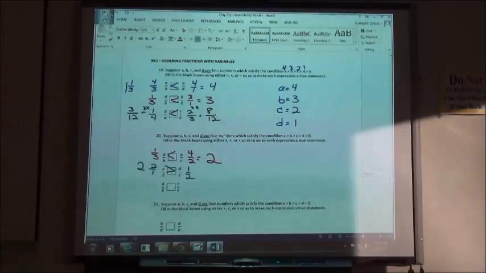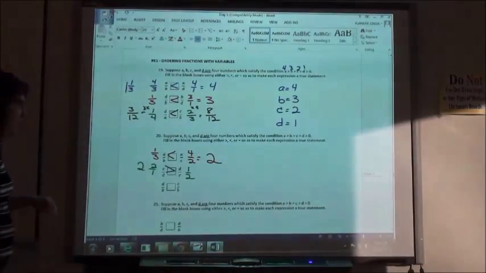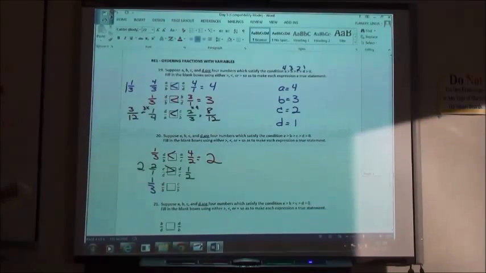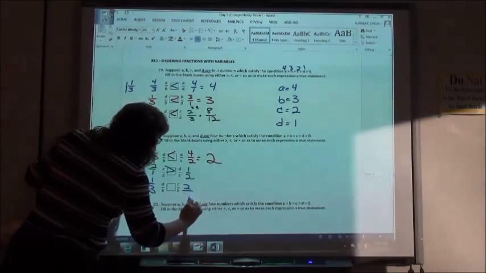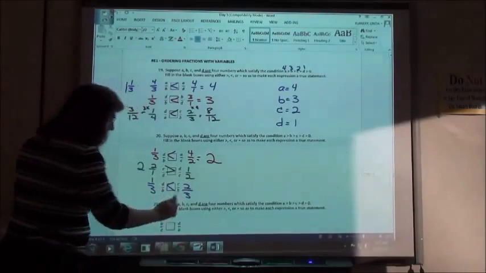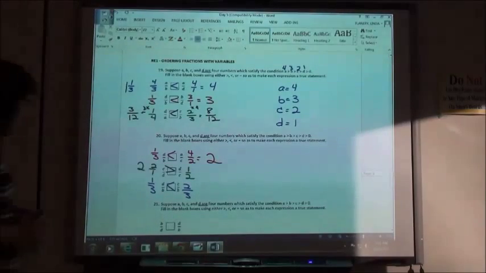D over B would be 1/3. C over B, 2/3. 1/3 compared to 2/3, less than, right? 1/3 is less than 2/3.